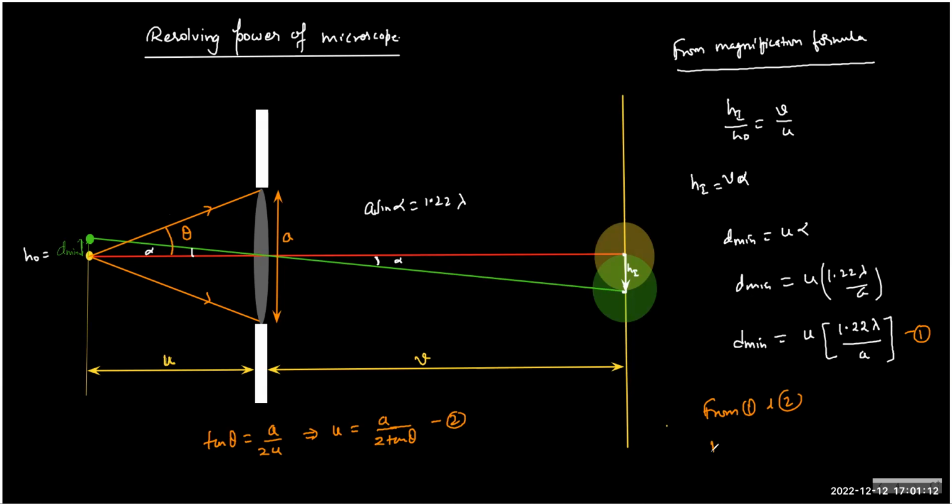So from 1 and 2, D minimum equals A by 2 tan theta into 1.22 lambda by A. A gets cancelled, right? Yes, sir.